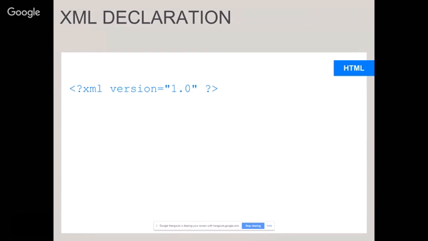HTML tags, you can only pick from a list, but you can't make up your own. But with XML, you can make up your own tags. So if you're working on a website that has some kind of concert events, then you can store your data about the event in a key value pair in XML, such as event location, Seattle, event date, XYZ, and so on. So this is what XML is about.